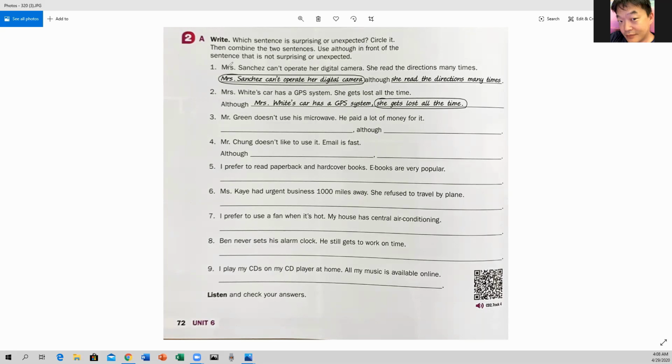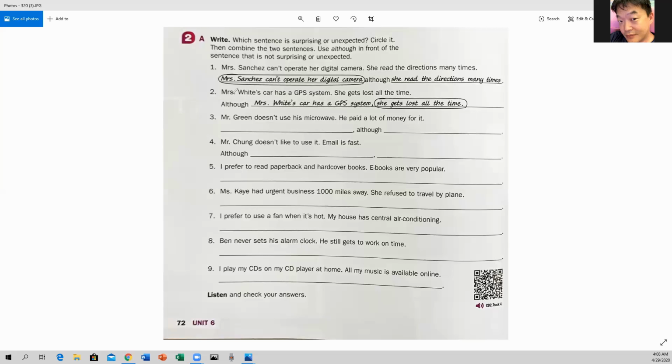Okay, is this one. Mrs. Sanchez can't operate her digital camera. That's unexpected. Why? She read the directions many times, and then you rewrite the sentence, putting everything in the right place.